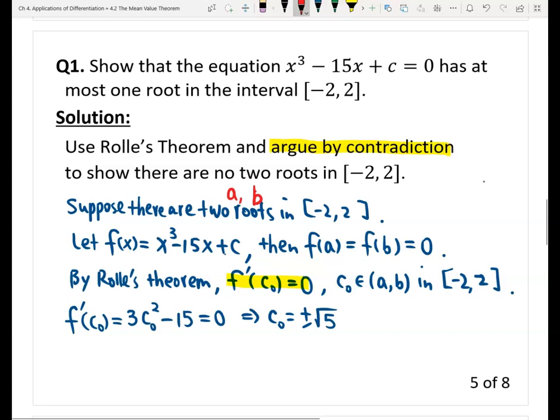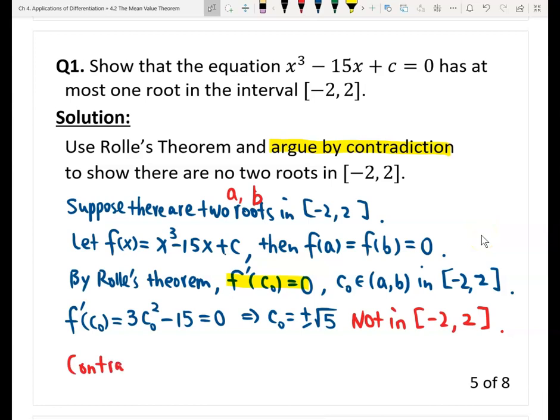So now I find that this c0 is not in -2 to 2. See, I highlighted it in red. This is a contradiction. It contradicts what we said, that c0 is in -2 to 2, but now we get that c0 is not in -2 to 2. Let me write it down here: contradiction.